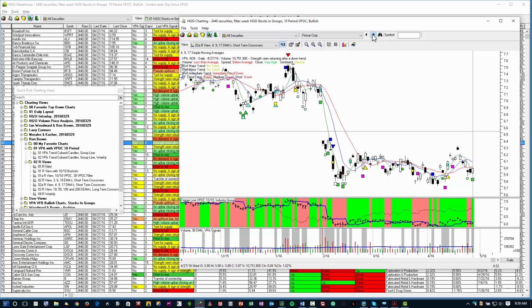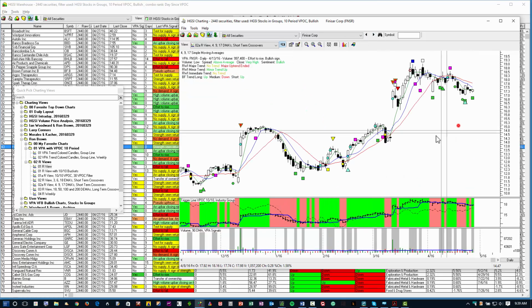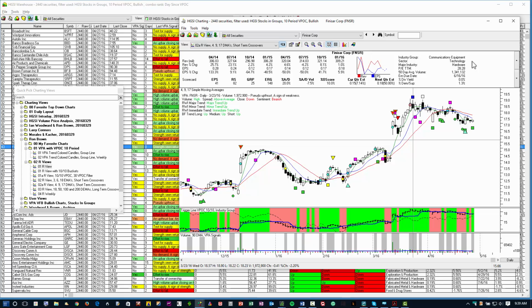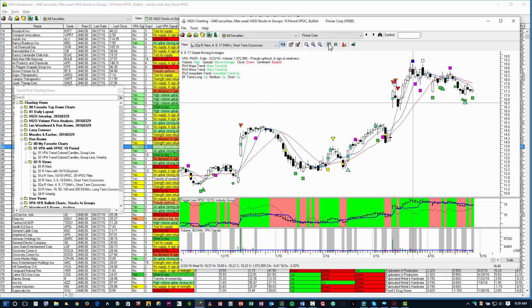There's no Kia. Just not seeing a lot. Here's Finisar. This is one that I've been tracking for a long time. It really hasn't been able to get out of its own way. Its earnings are out. No, they're not out. They come out the 16th of June, quite a ways away, so that shouldn't be a factor right now. But once again, this stock would have to show me that it wants to go up.